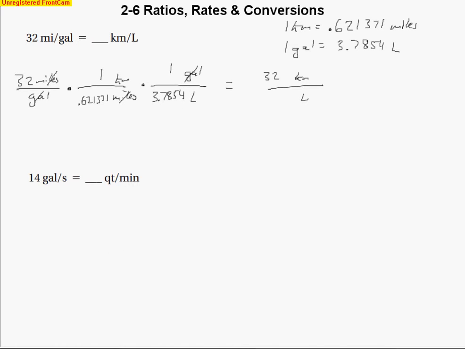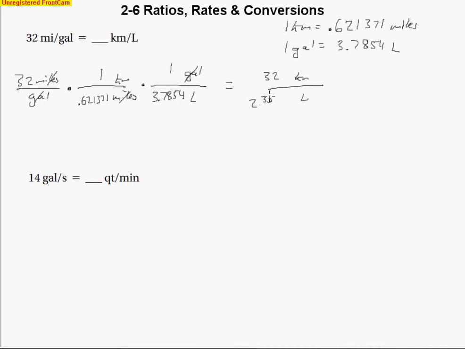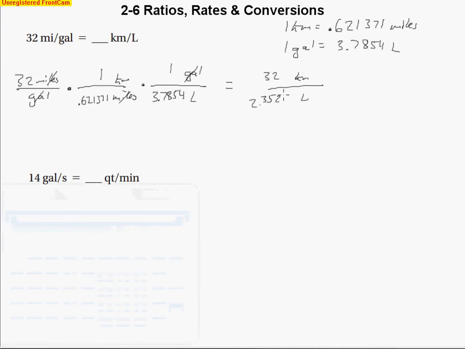So pulling out the calculator, I have to just plug in 0.621371 times 3.7854. So that gives me this number, 2.35, and then I'll just write in a couple more. How about 234? 214, I think it was. And so now I have to do that division.